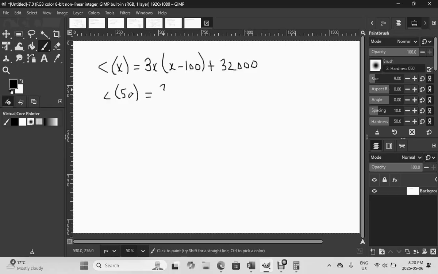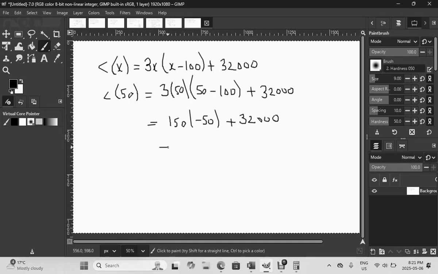So C(50) will be 3 times 50, times (50 − 100), plus 32,000. This will be 50 times 3, which is 150, times (50 − 100), which is −50, plus 32,000.